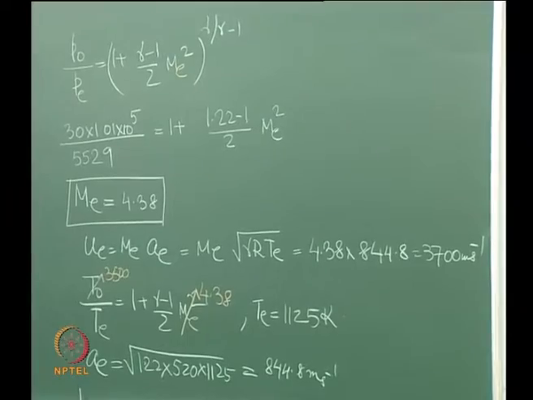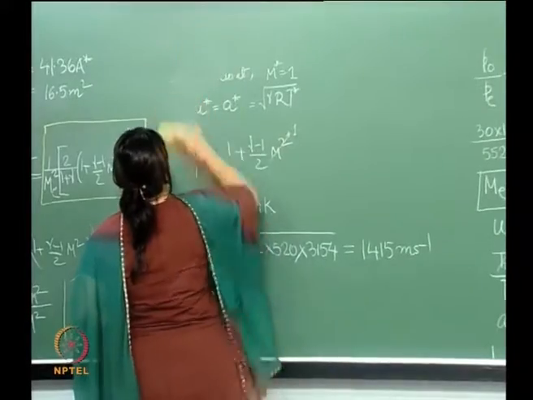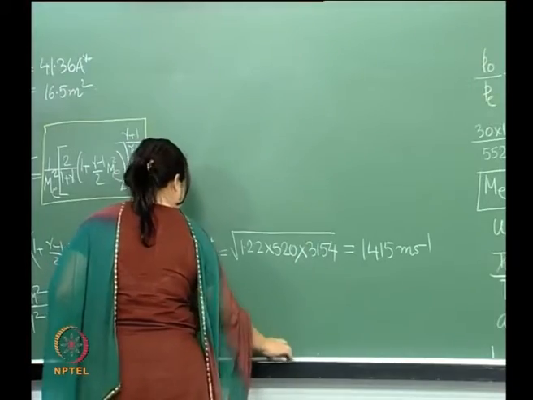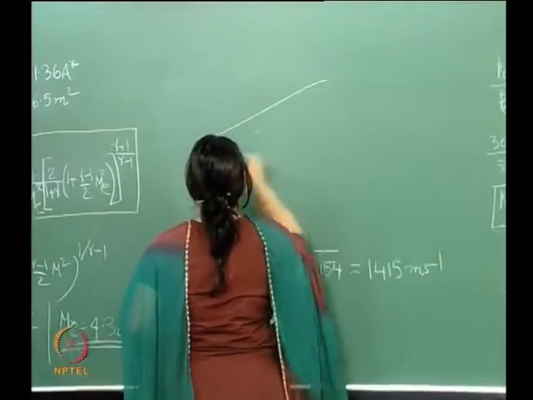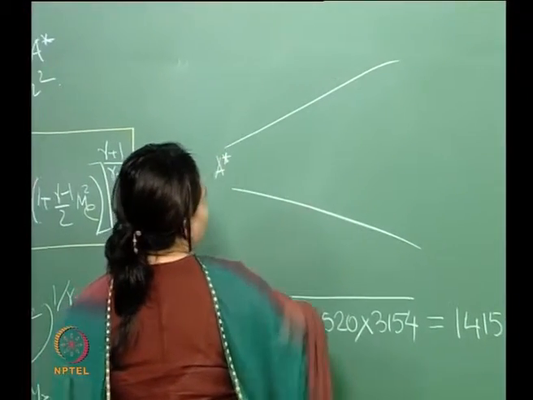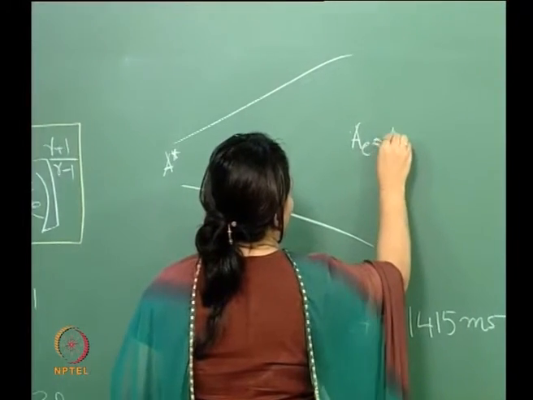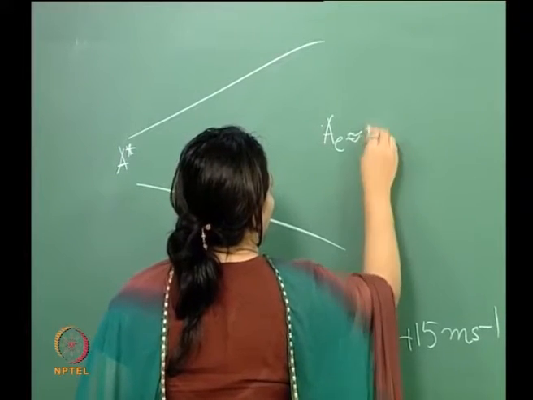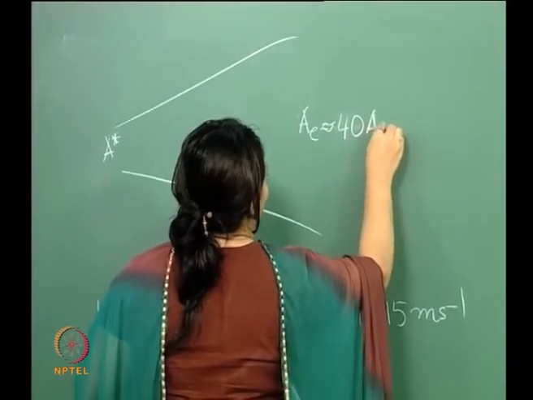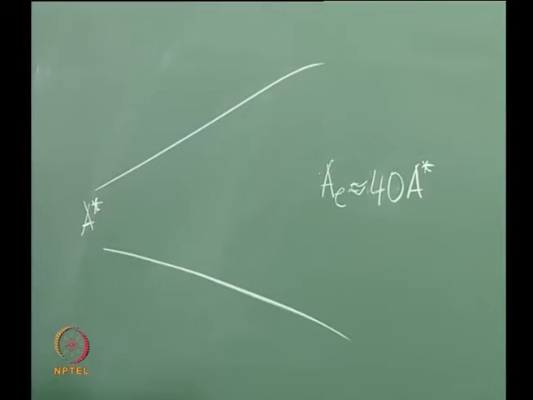This is the interesting part here. I have this diverging nozzle. This is the throat region, and the area at the exit is nearly 40 times the area of the throat. That is how it is expanding.